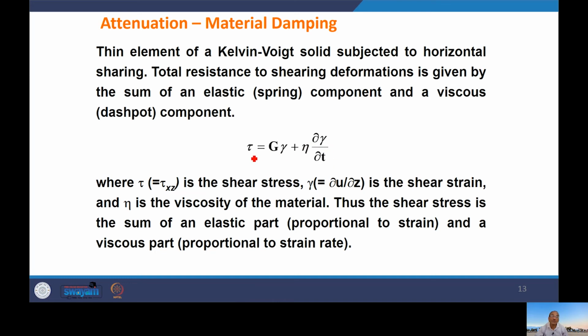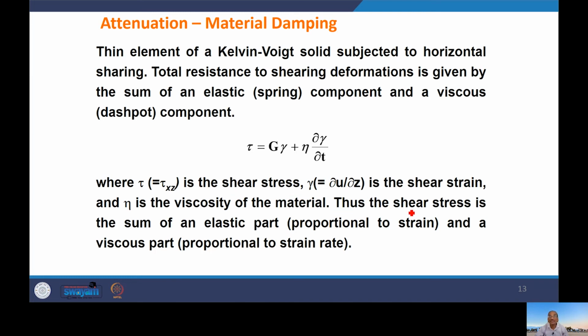Here tau_xz is the shear stress acting in the xz plane, which is perpendicular to the y plane, and gamma is the shear strain, which can be represented by del u by del z, where u is the displacement, and eta is the viscosity of the material.